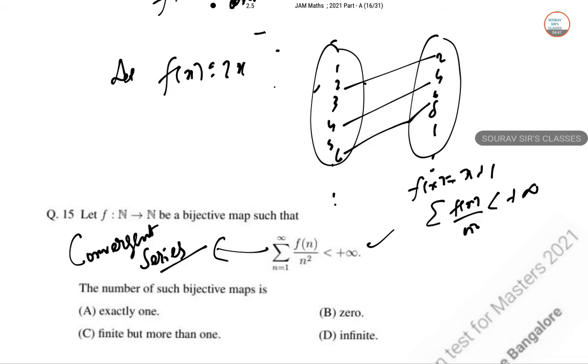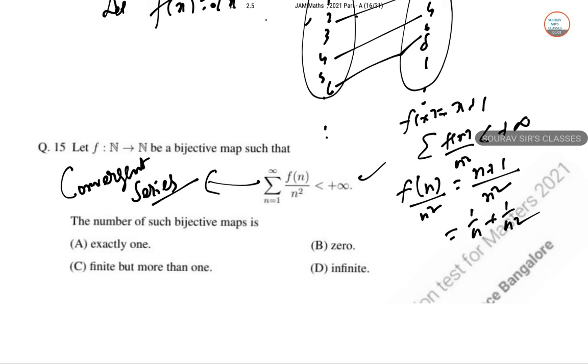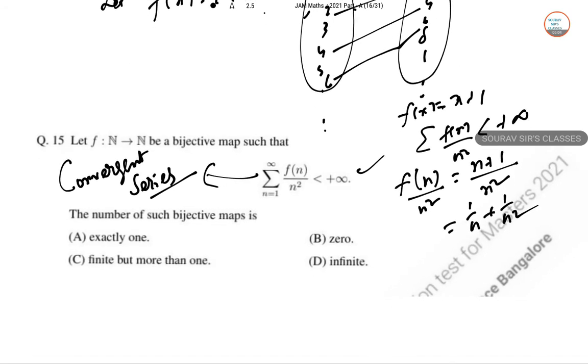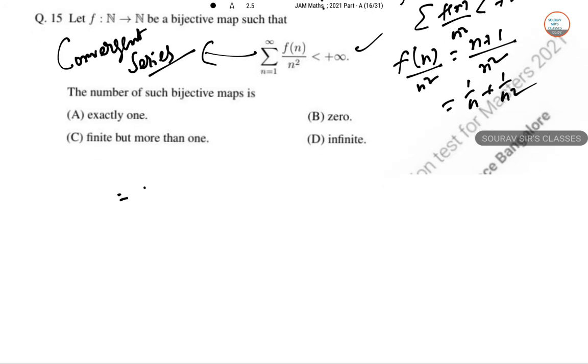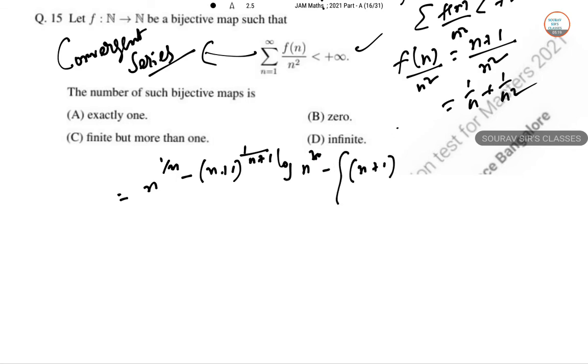So f(x) equal to x plus 1. So f(n) by n squared will be (n plus 1) by n squared. We can write this as 1 by n plus 1 by n squared. Now we take the expansion of u_n by u_(n+1), with n to the power 1 by n and n plus 1 to the power 1 by n plus 1, and log of 1 plus 1 by n to the power n.